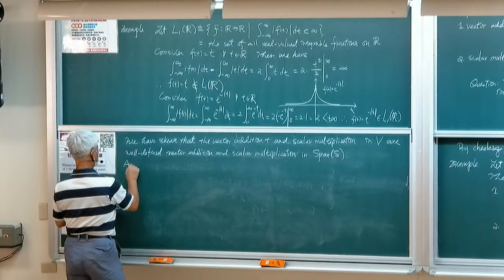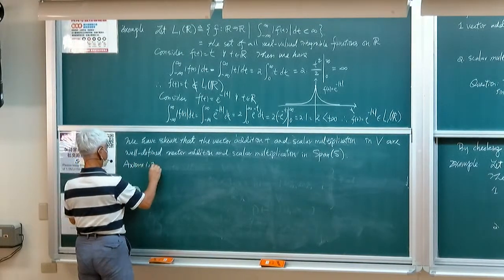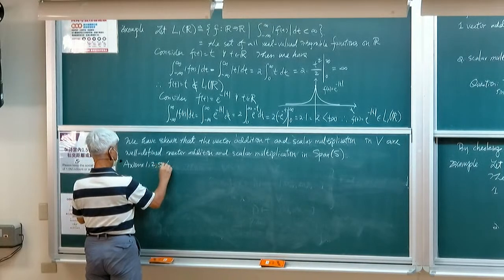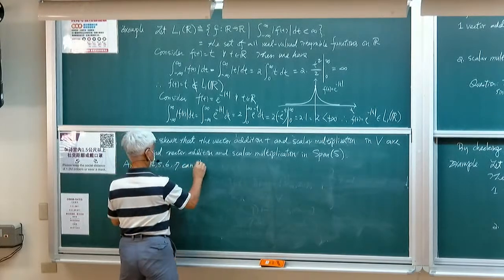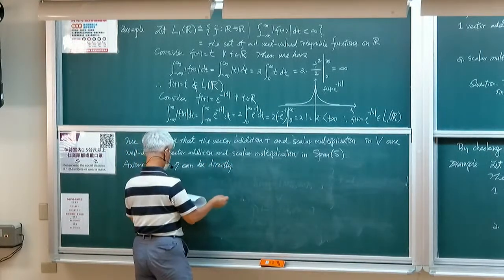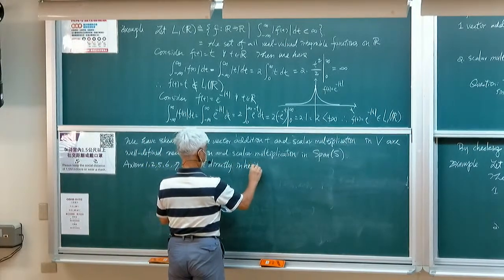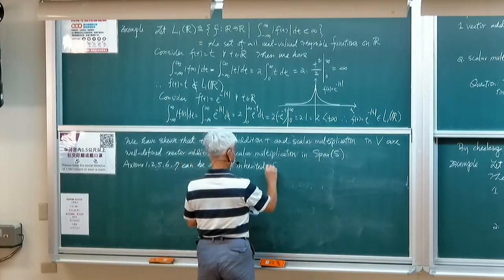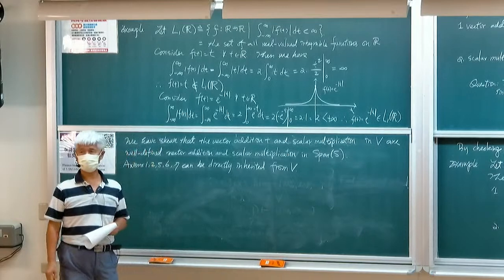Axioms 1, 2, 5, 6, 7 can be directly inherited from V. Okay, so that you can check.